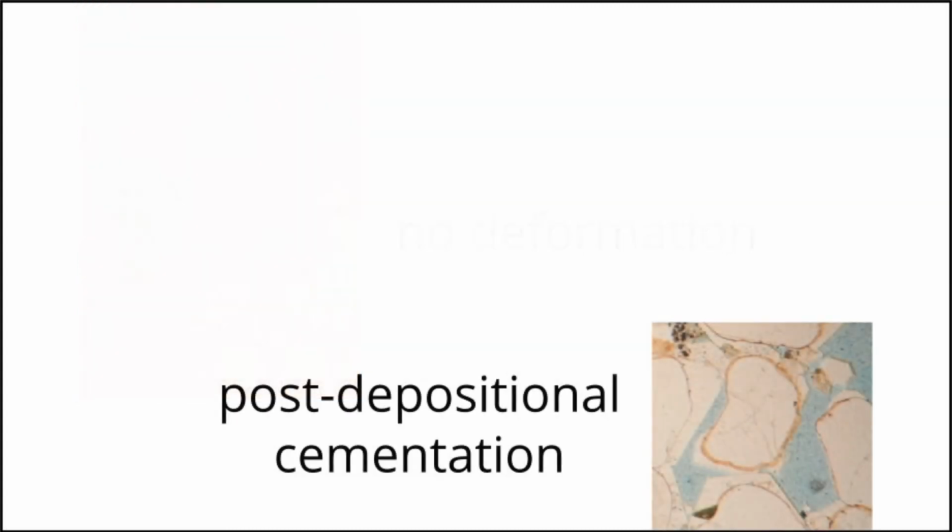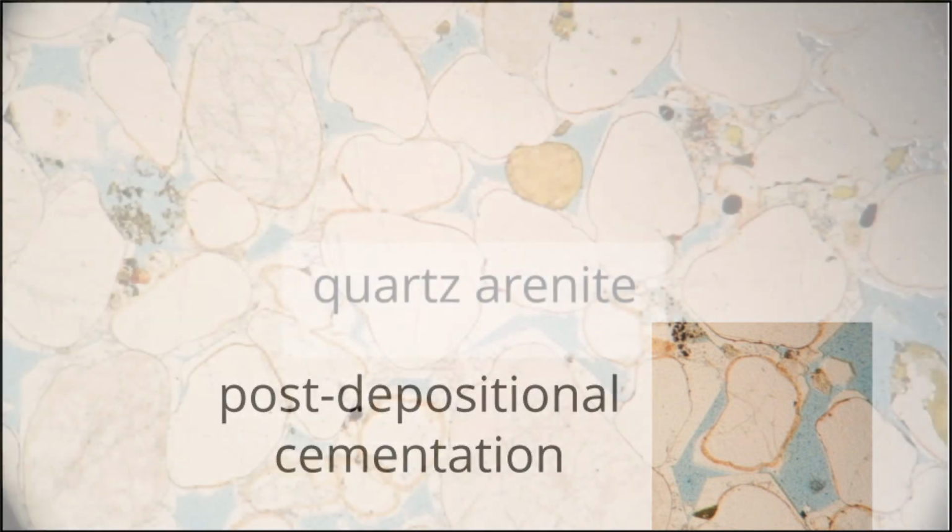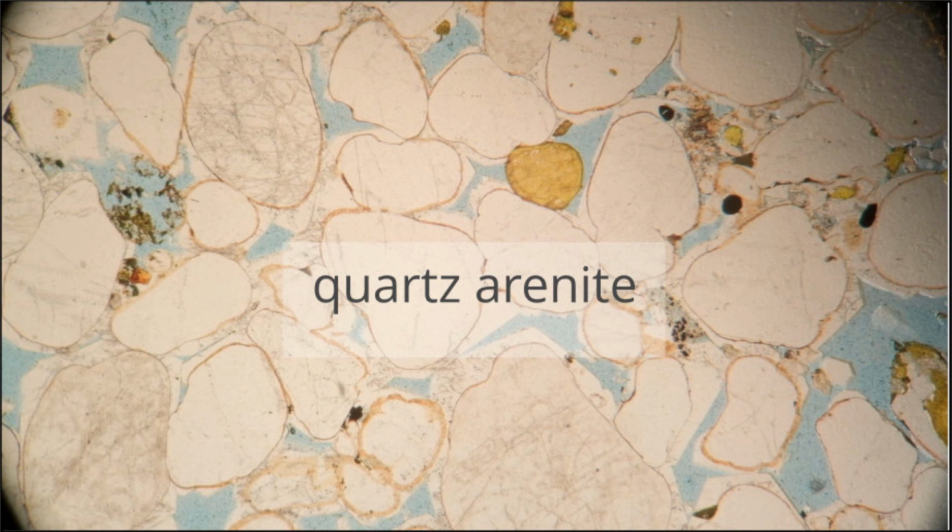The quartz overgrowths indicate a stage of post-depositional cementation which occurred without completely blocking the pore spaces. This rock is a sandstone that may be described as a quartz arenite.